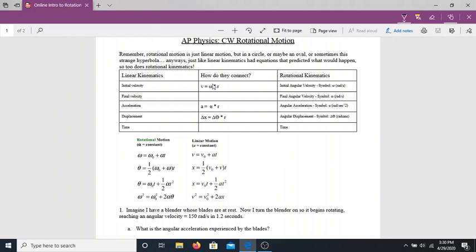Now, we're going to find out that the linear quantities and rotational quantities are related in a very specific way. Usually, linear velocity is related to angular velocity by this relationship: the angular velocity, how fast I'm spinning, times the radius of the circle that I'm spinning in, is going to equal the linear velocity.